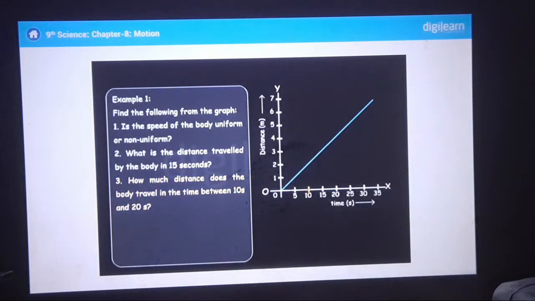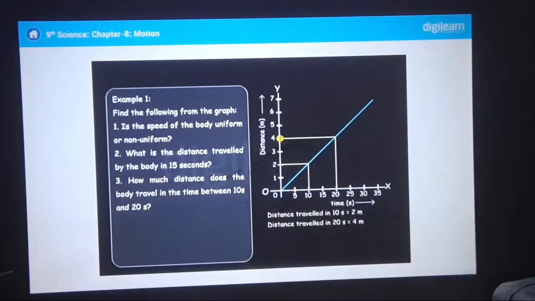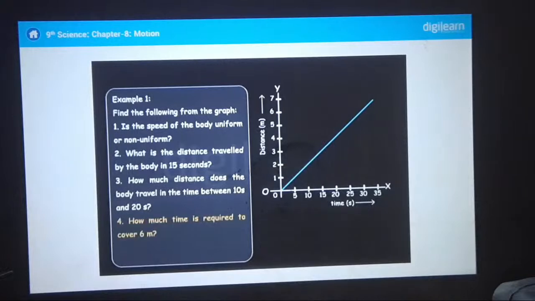Distance travelled in 10 seconds is equal to 2 meters. Distance travelled in 20 seconds is equal to 4 meters. Therefore, distance travelled between 10 seconds and 20 seconds is equal to 4 meter minus 2 meter, that equals 2 meter. How much time is required to cover 6 meter? To travel 6 meter, body requires 30 seconds.